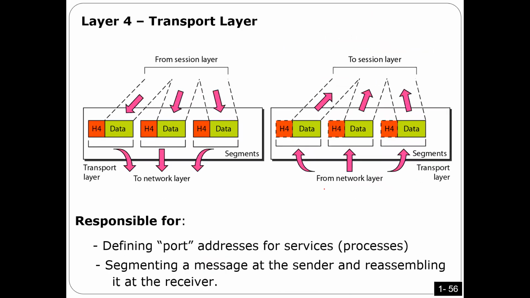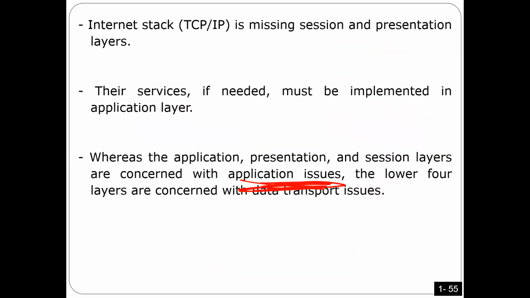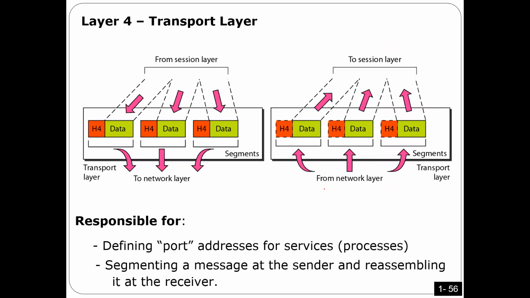Starting from layer number 4, we are going to focus on network connection, how to create a connection. One very important layer is the transport layer. I'm not sure if you have studied this layer in some detail in Network 1.